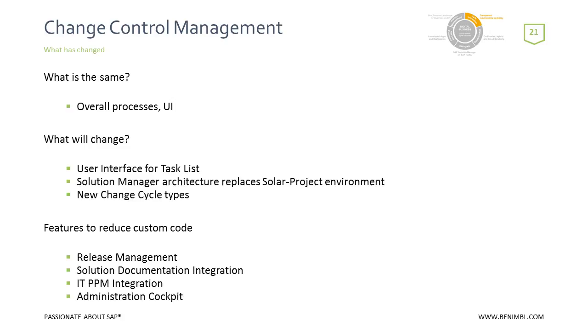Okay, and they have created an administration cockpit, which controls everything centrally. So you can see the task list in the UI, and you can perform your administration activities centrally for all of your different, well, it used to be known as projects in 7.1, now it's known as solutions, from that central administration cockpit.